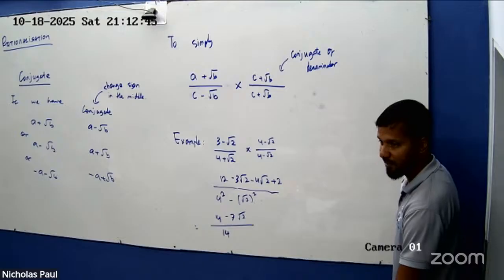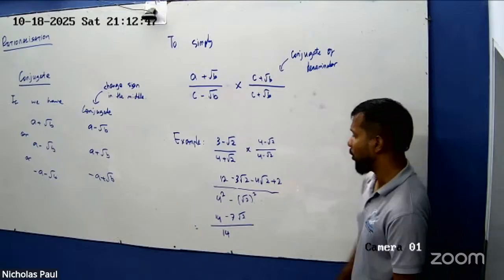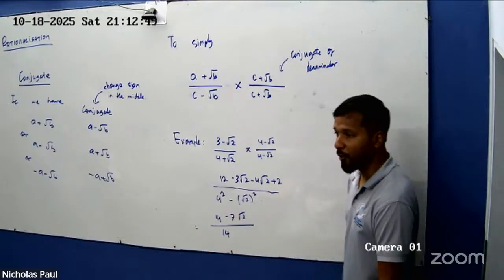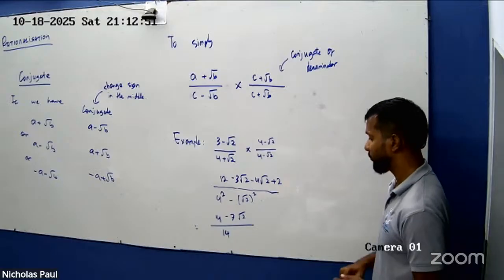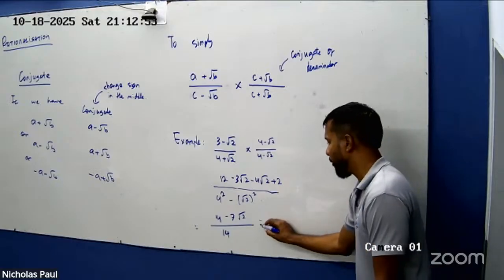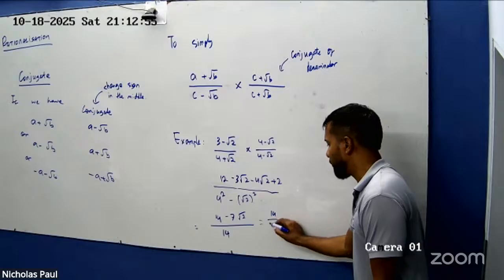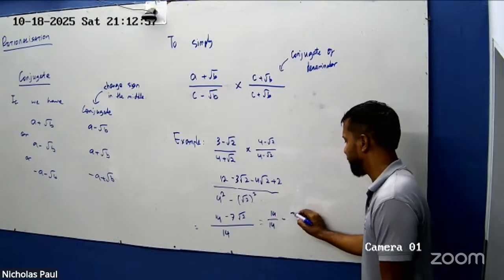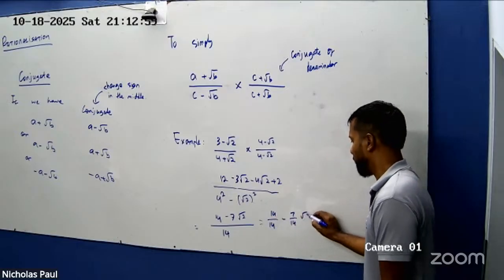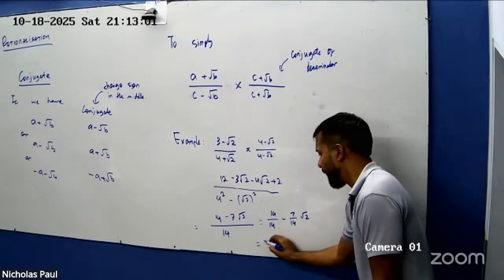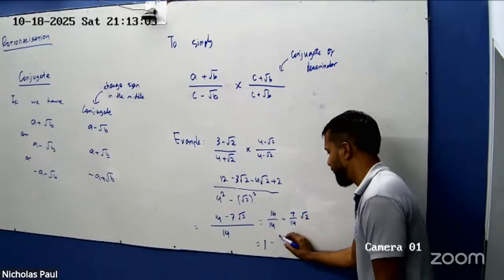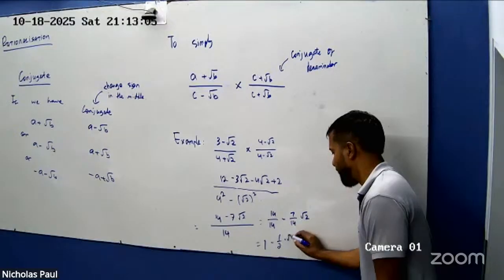And you can leave it like that. If you want, you can divide by 14. 14 and 14, that's 1. 7 and 14, that's a half. So you can leave it like this.